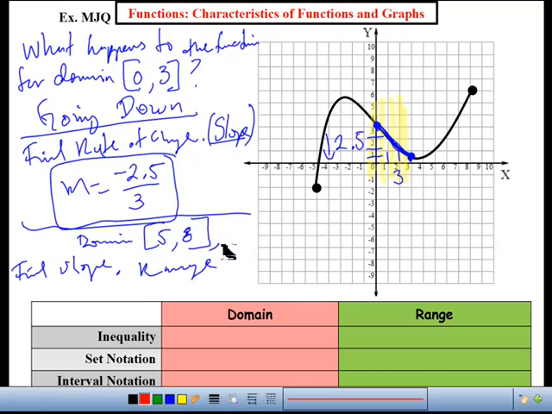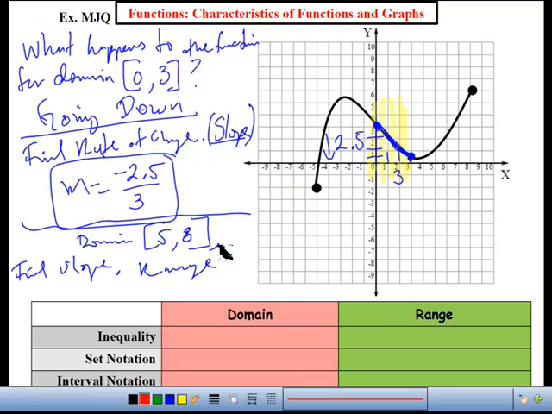Your mic's like staticky. Danny, what's happening to the graph from 5 to 8? Okay. Anthony, help him out. What's happening to the graph for the domain 5 to 8?